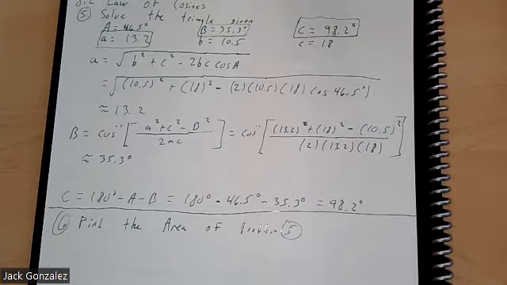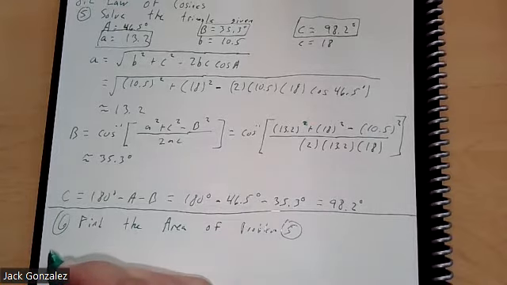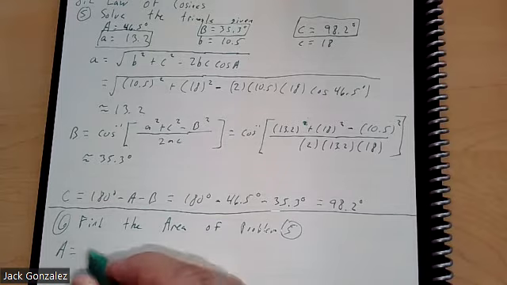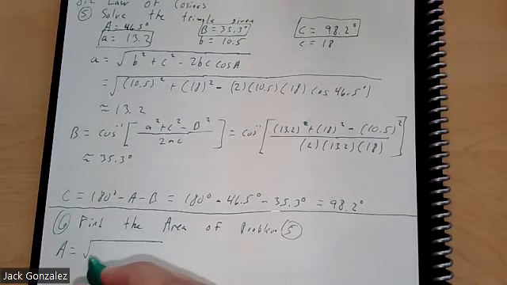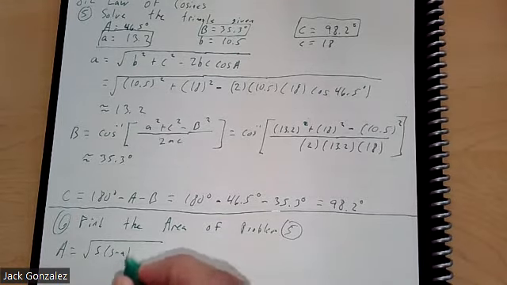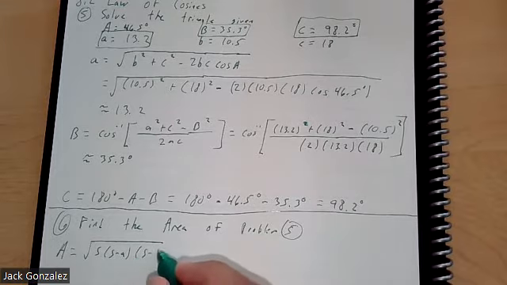Okay. And in order to do so, I recommend Heron's formula, where the area is equal to the square root of s times s minus a, s minus b, and s minus c.